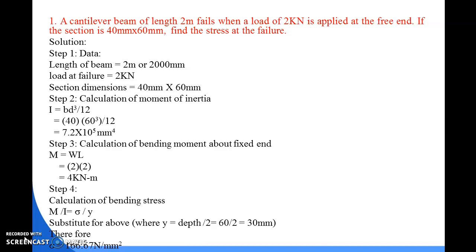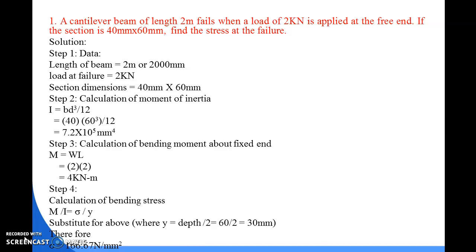Next one is step 3, in which we have to calculate the bending moment about the fixed end. As we know, in case of a cantilever beam, the bending moment will be maximum at the fixed end. Hence, the maximum bending moment, whenever a point load is provided at the free end, will be W into L, that is load into length up to the fixed support.